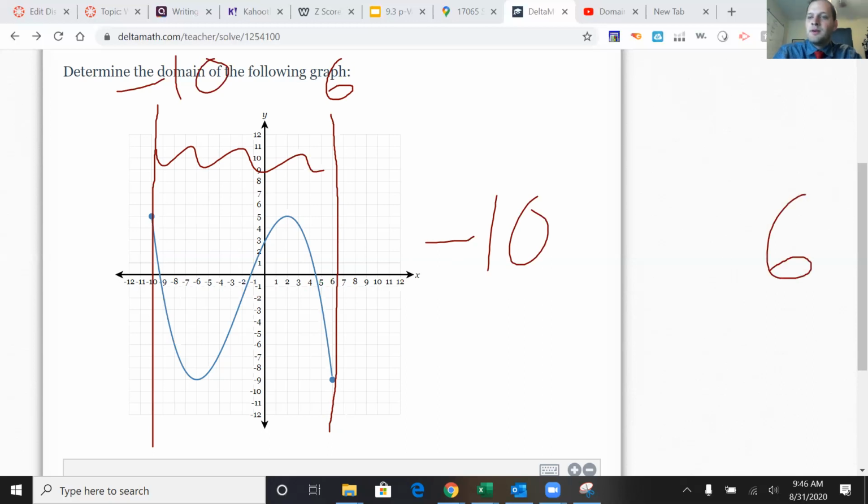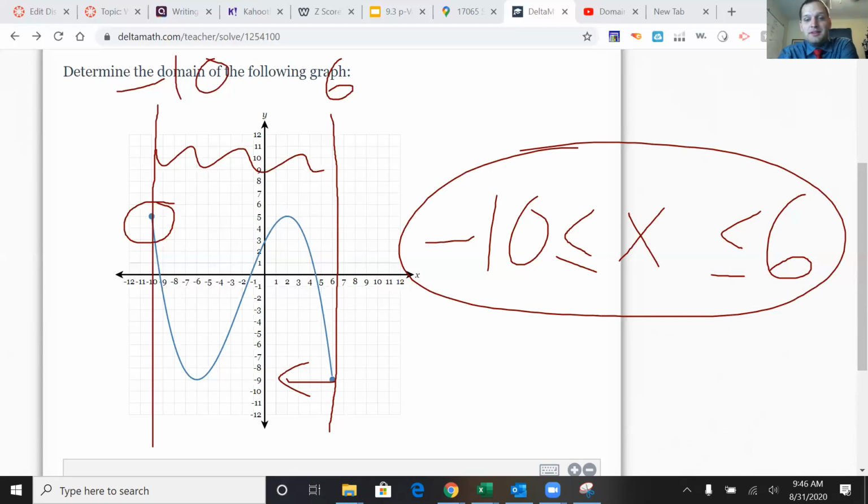Here's how I would write it quicker instead of writing out all those values. Since this is a solid point, it can equal -10. So our x values have to be greater than or equal to -10, but they have to be less than or equal to 6. Put an x there, you're done.